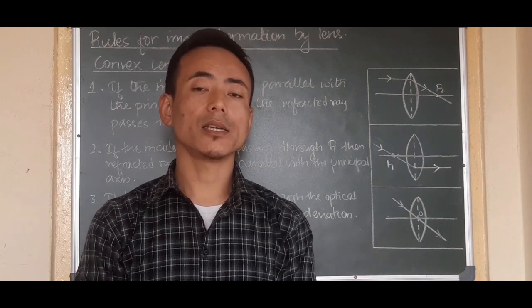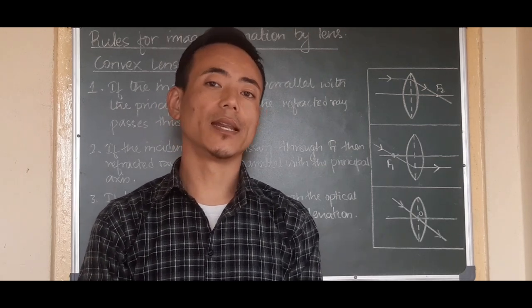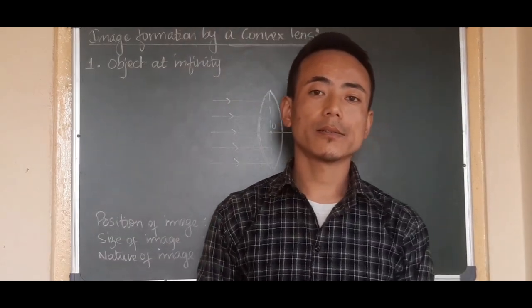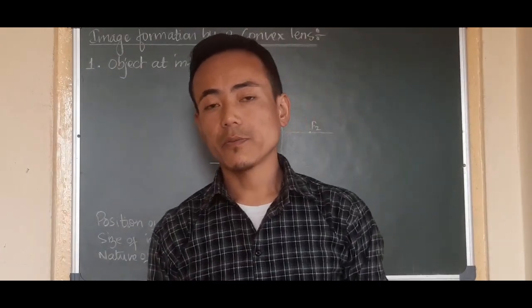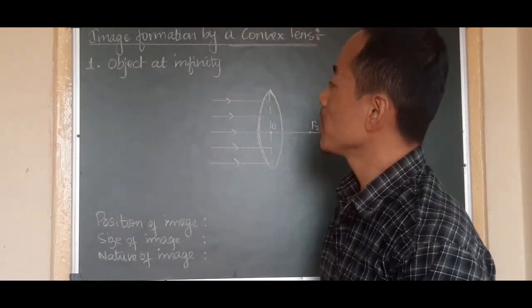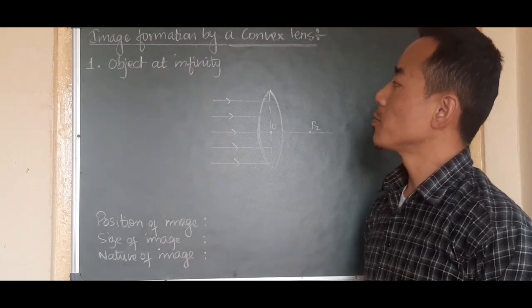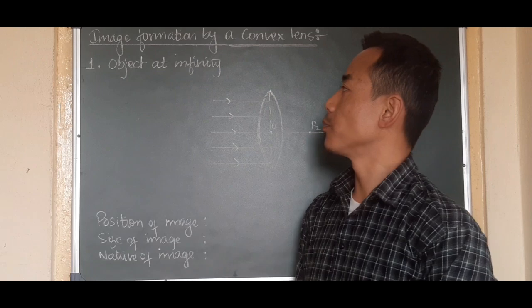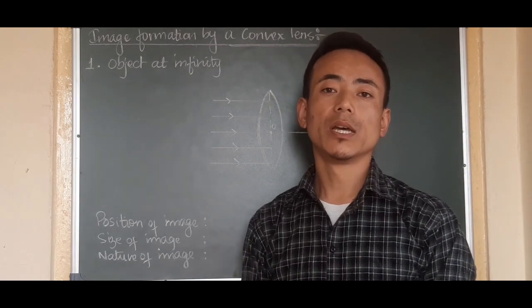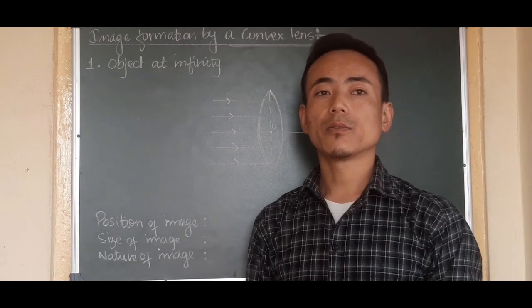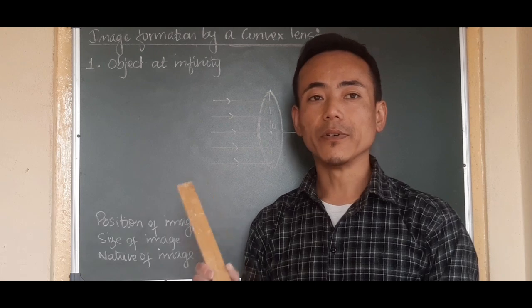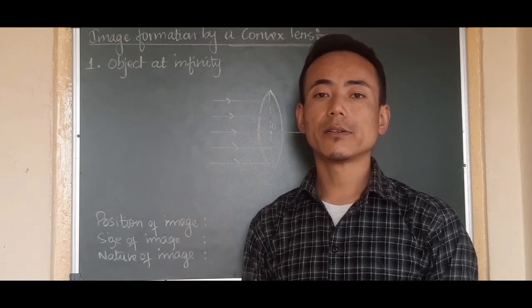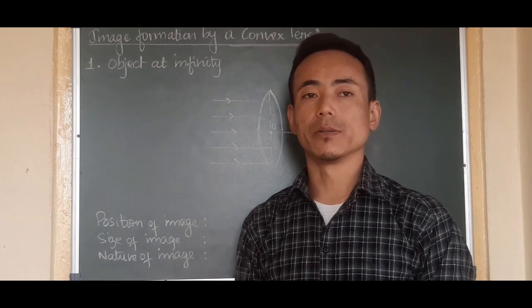So let's discuss image formation by a convex lens. Let's discuss the first image formation by a convex lens. In the first case, we are given an object which is kept at infinity. I have mentioned this before, when we were discussing image formation by mirrors, that whenever an object is kept at infinity, the incident rays are always parallel to the principal axis.